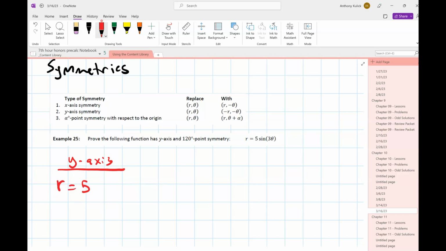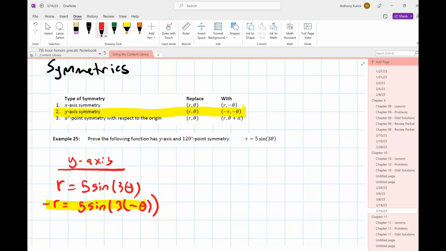So to do this, I'm going to take my original function, and because we're looking for y-axis symmetries, I'm going to replace my r with -r and my theta with negative theta.